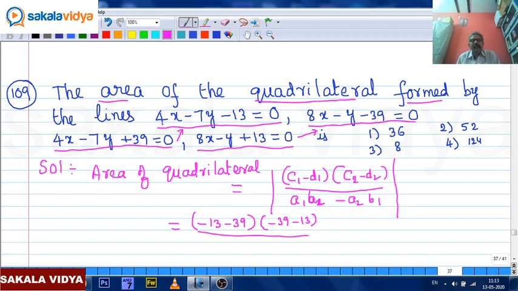A1 B2: A1 is 4, B2 is minus 1, so that is minus 4, minus A2 times B1, where A2 is 8 and B1 is minus 7. It is mod.